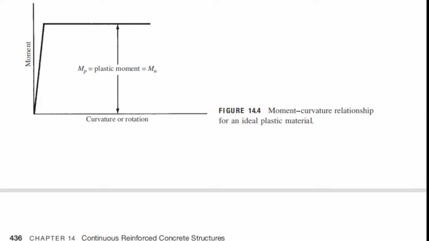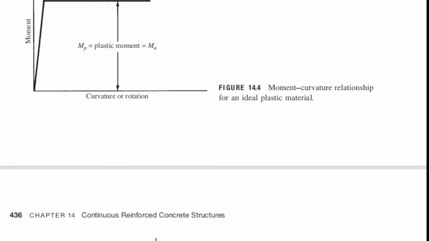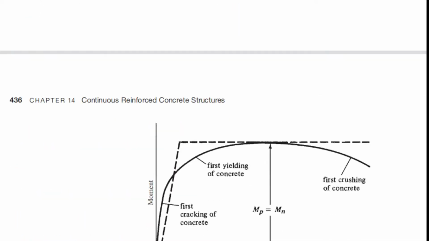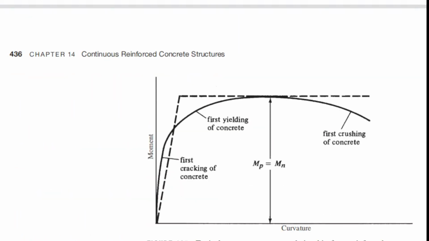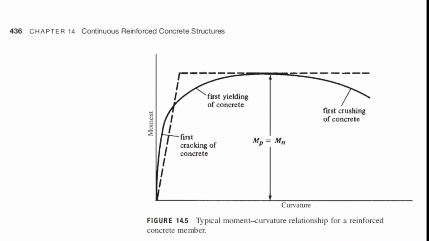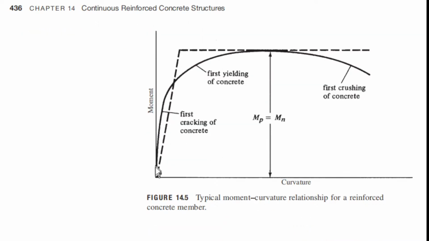So, this is a moment-curvature relationship. Now, that is the ideal. This is now the typical. Rather than an ideal straight line, we have this actual or typical curve for a reinforced concrete member. So the maximum here is the plastic moment that would equal the nominal moment.